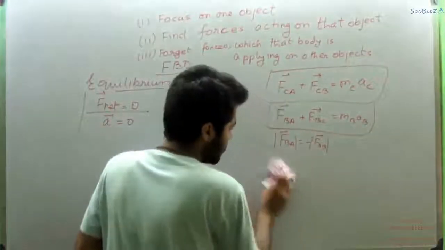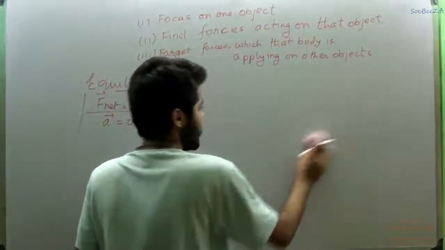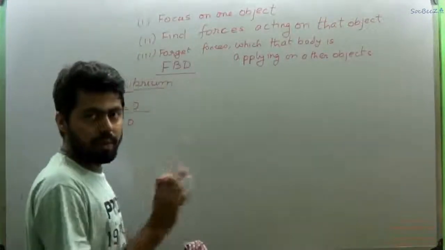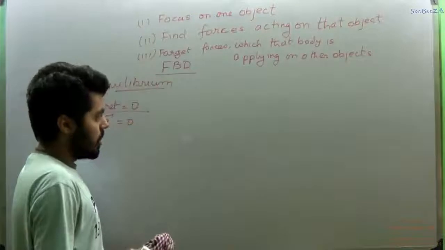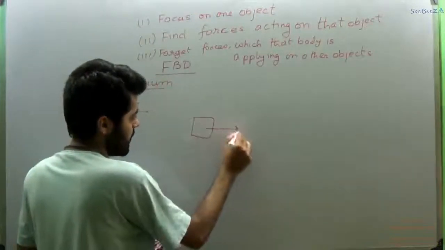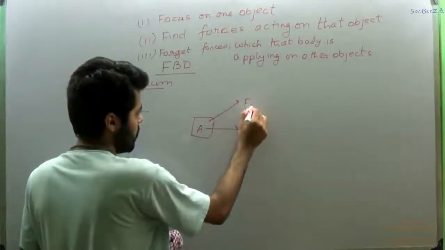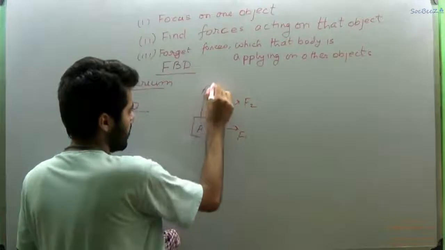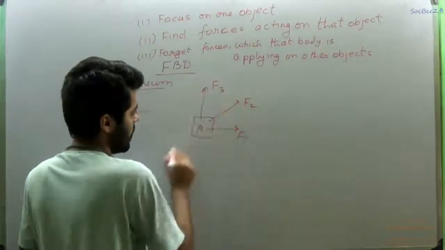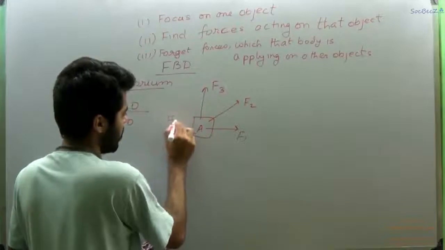Before solving that, I would like to mention one more point here: we must not forget that force is a vector quantity. So if there is any object A, one force is acting here, F1, one force is acting here, F2, one force is acting here, F3, and maybe one force is acting here, F4.